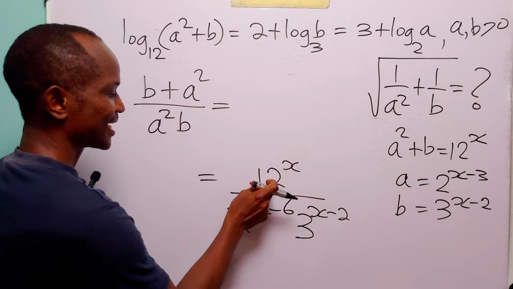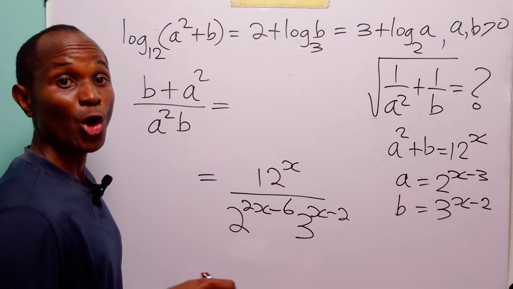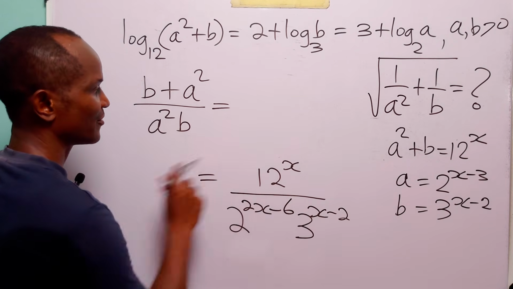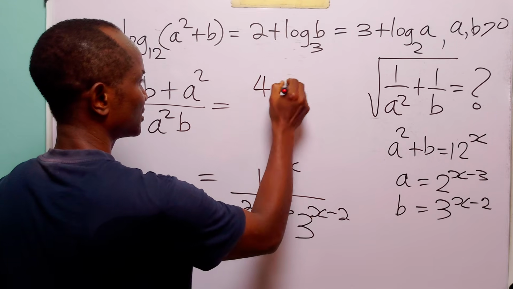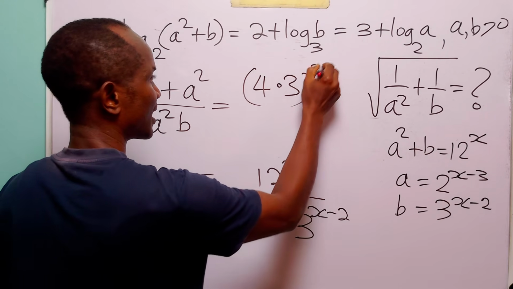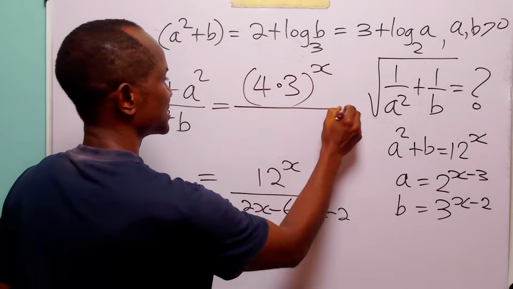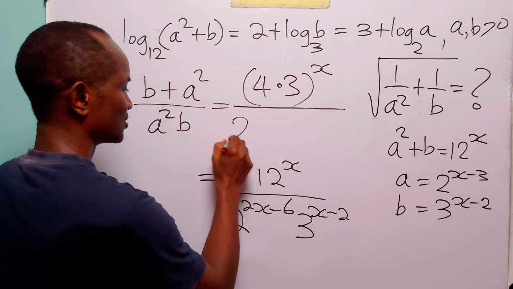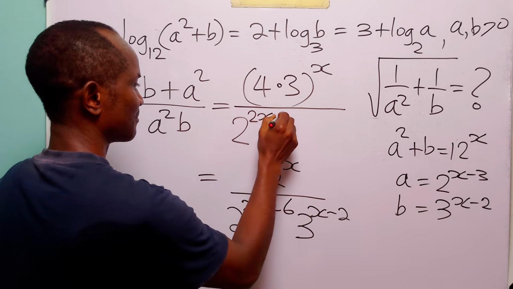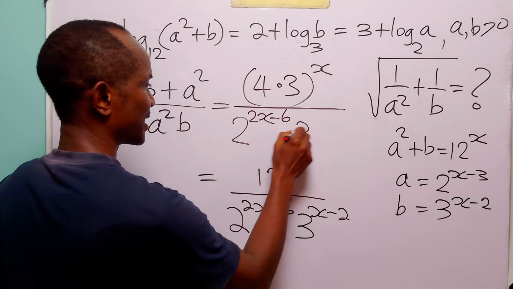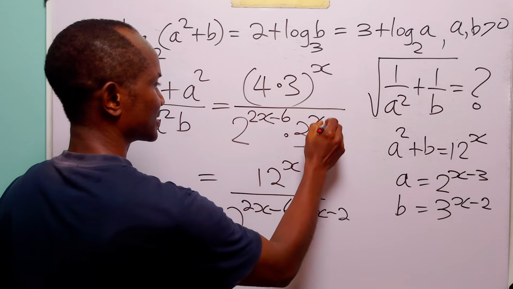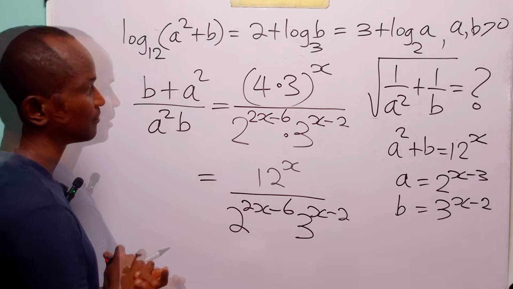Now, notice that 12 is equal to 4 times 3. So this numerator is the same as 4 times 3 to the power x. And in the denominator, we still have 2 to the power 2x minus 6 multiplied by 3 to the power x minus 2.